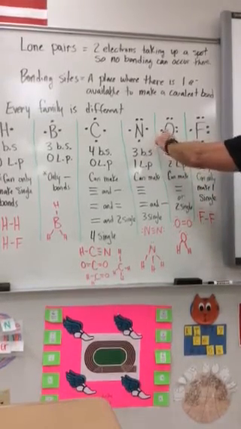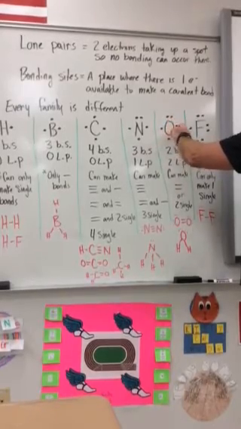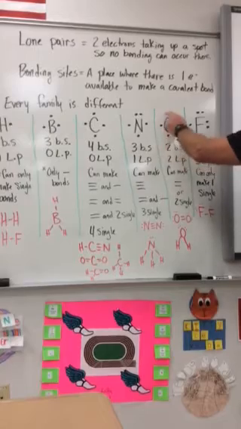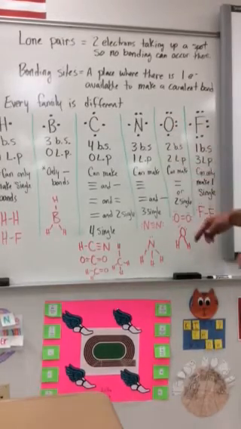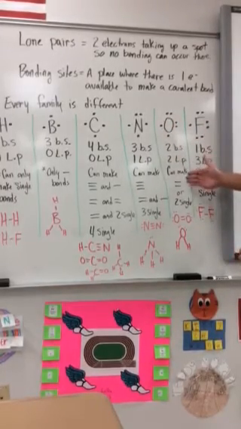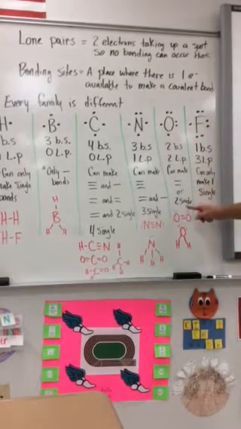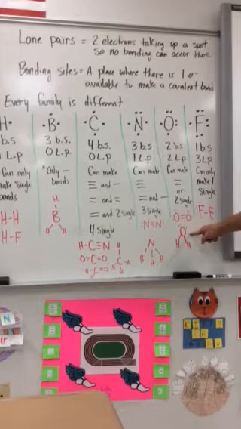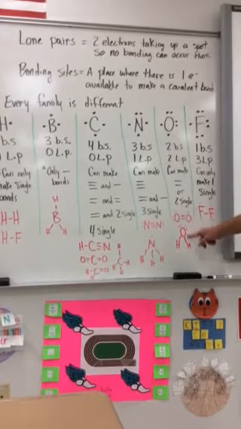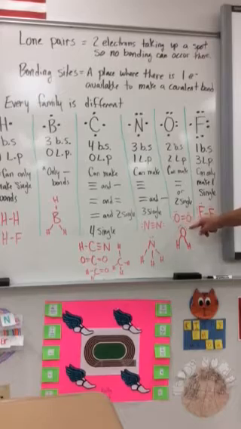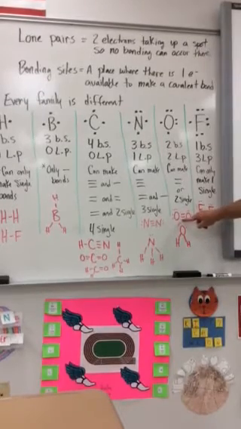Now, oxygen. Oxygen has 2 bonding sites, 1, 2, and 2 lone pairs of electrons right there. So oxygen can make a double bond where it shares 2 pairs of electrons, or it can make 2 single bonds, and it's going to look like that. We're going to go over geometries later, but that's called bent. So we've got two single bonds here or 1 double bond there.